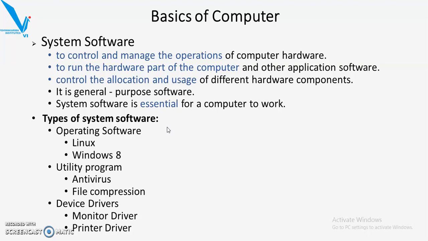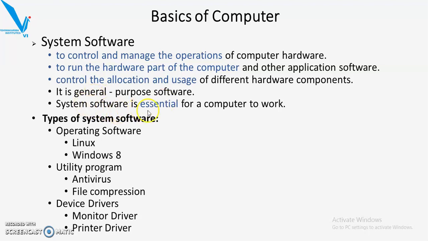It controls the allocation and usage of different hardware components. It is general purpose software. The term general purpose software means that a wide range of engineering and specific problems can be treated by a single software. Mainly, the possibility to solve different types of problems by adopting in a single software.